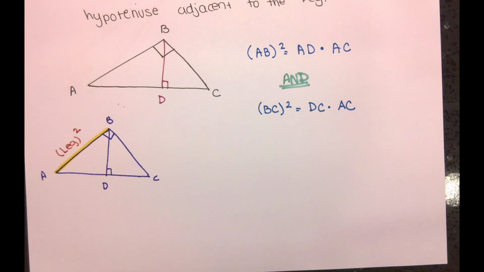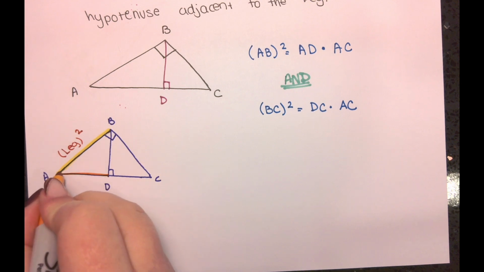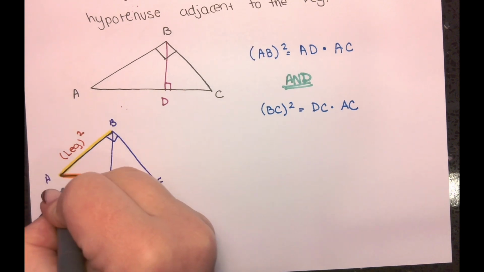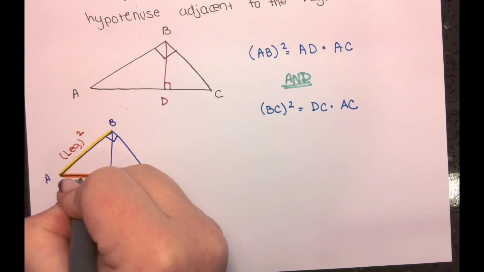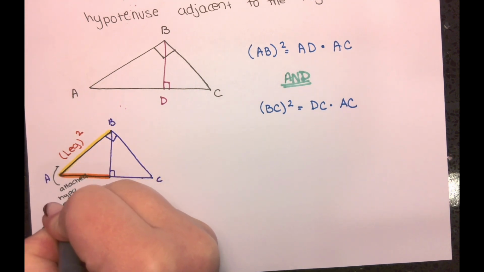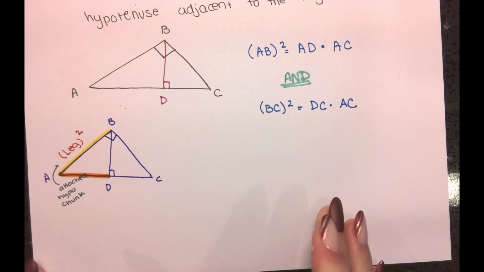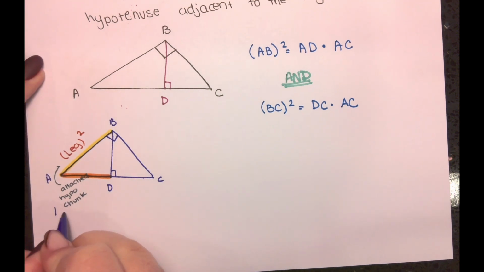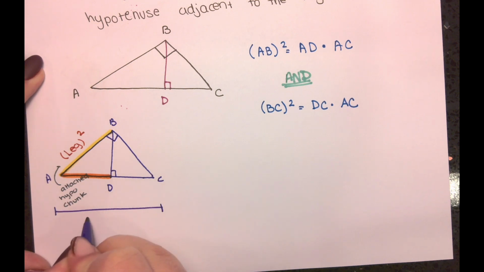That is equal to AD, so the attached hypotenuse section, we've been calling it a chunk, so we'll stay with chunk, times the entire hypotenuse.